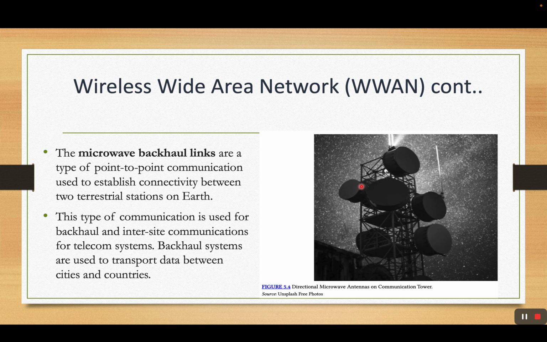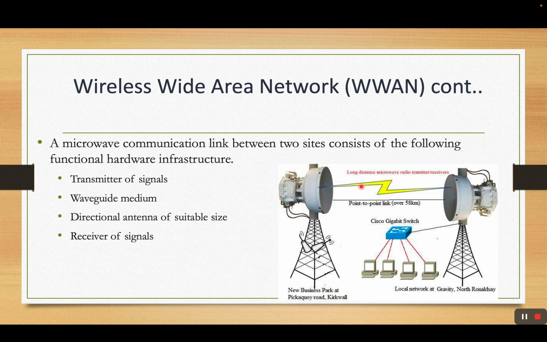The effective range of this type of microwave link is about 64 kilometers, and taller towers are needed for line-of-sight adjustment beyond this range due to the Earth's curve. Now, a microwave communication link between two sites consists of the following functional hardware infrastructure. The first one is the transmitter of the signal.